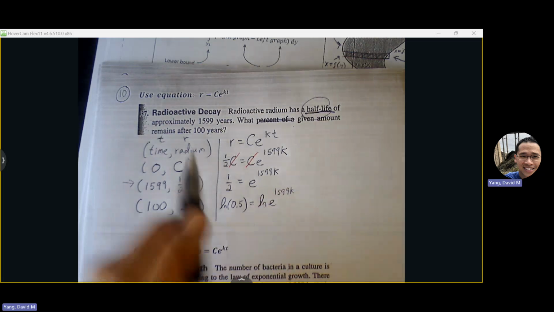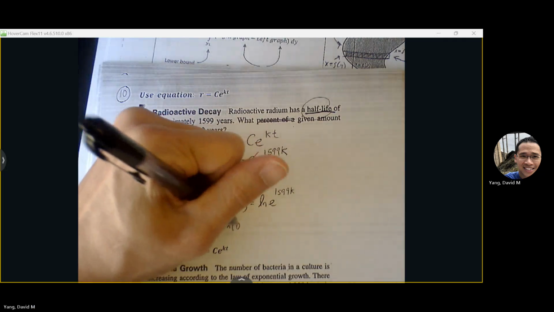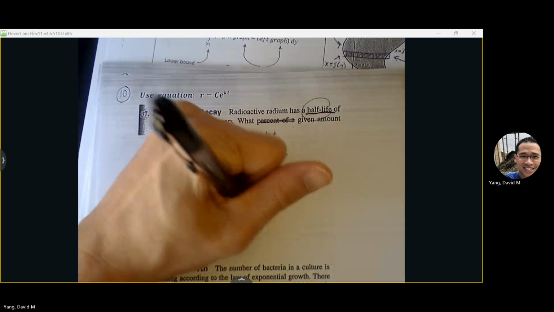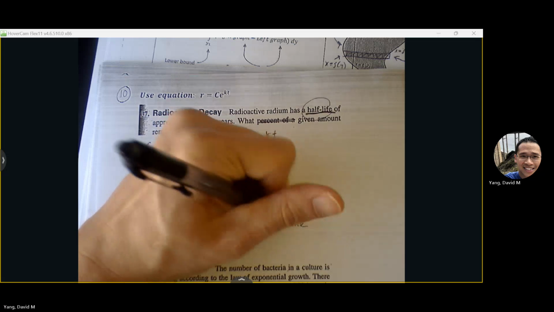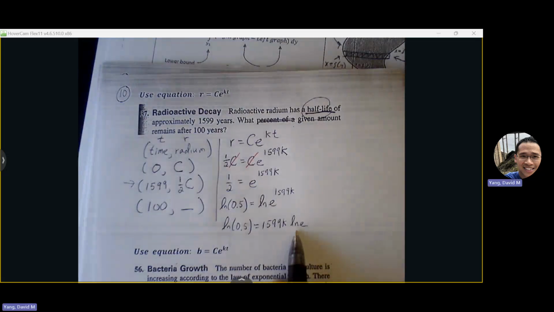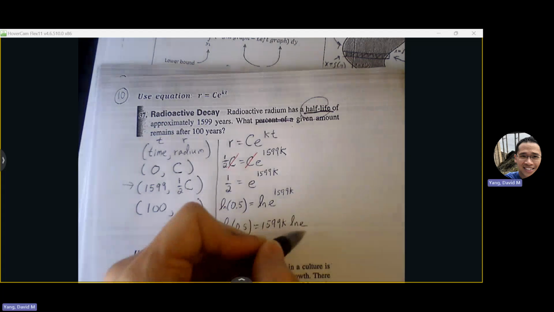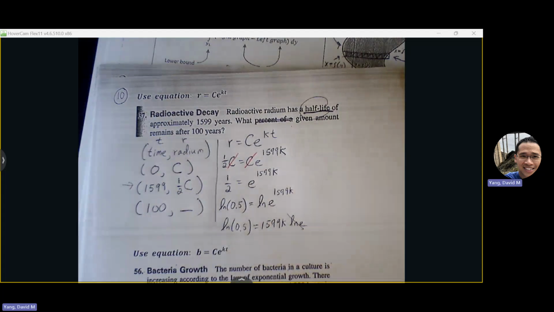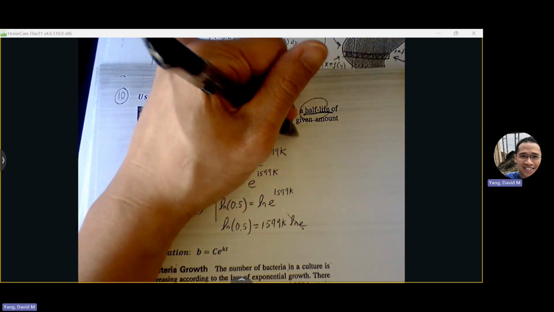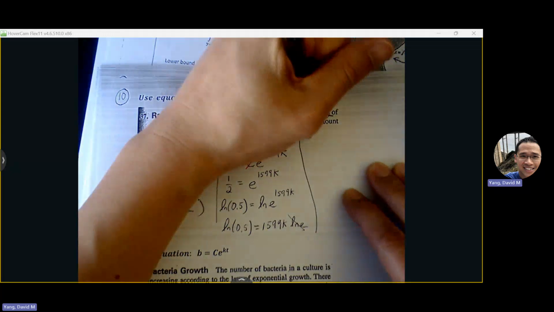Bring it down in front, yeah. What do you know about natural log of e? Just 1, so that's nice, that goes away. Divide both sides by 1599, and then we have K by itself.